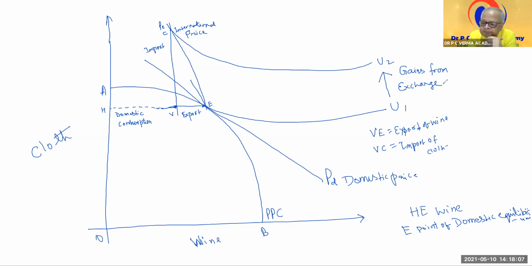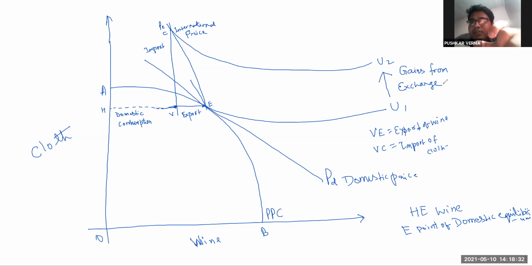Sir, here on the x-axis we measure wine and on the y-axis we measure cloth. AB is the production possibility curve. Initially, the country is at point E, where the domestic price line PD is tangent to community indifference curve U1. Now here, total production is HE.